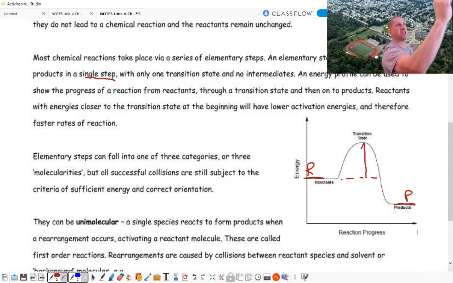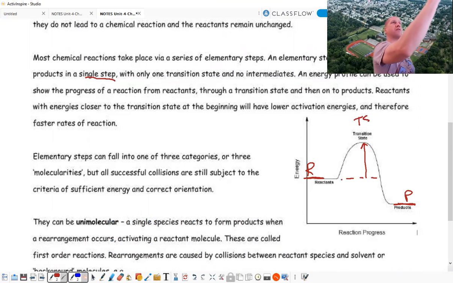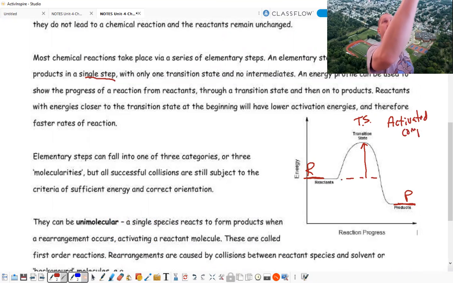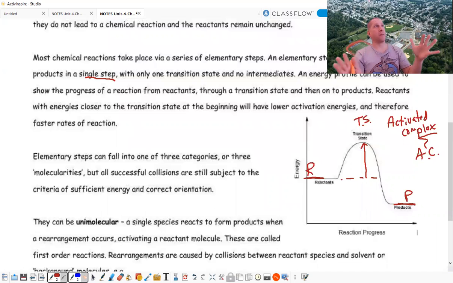Remember, the activation energy is the energy that you had to add to get to what is referred to in this case as the transition state, also known as the activated complex on our graphing assignment the other day. So transition state or activated complex. That's where they have collided and they have not yet broken the bonds. So this is a mass of reactants all jammed together.